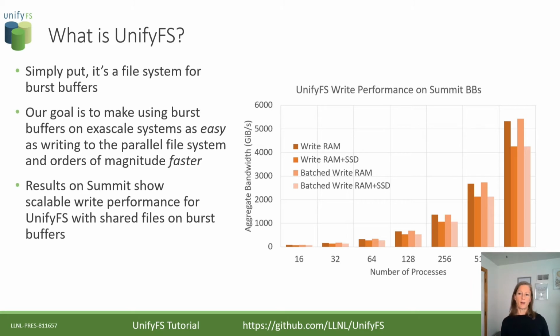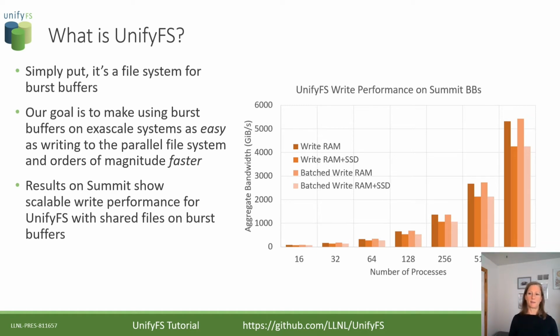The different color bars represent different ways of running UnifyFS. Here, when we say RAM, we mean that file data is stored in main memory. And this is the default for UnifyFS because it's fast. When we say SSD, here we refer to writing data to main memory until we reach a user-specified limit, after which we spill over to burst buffer.